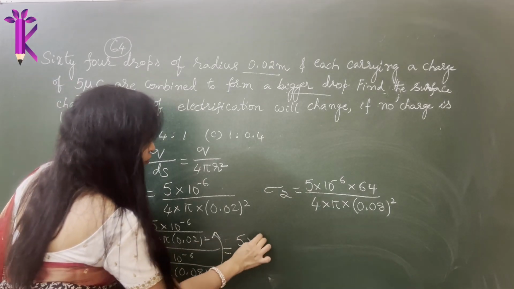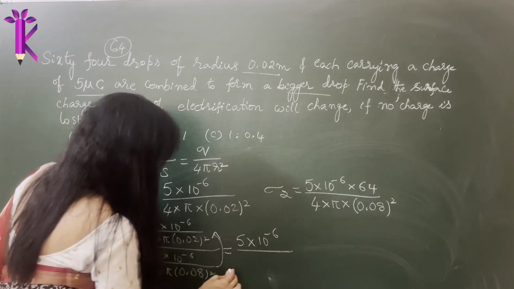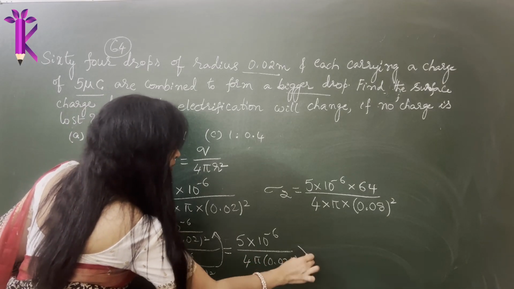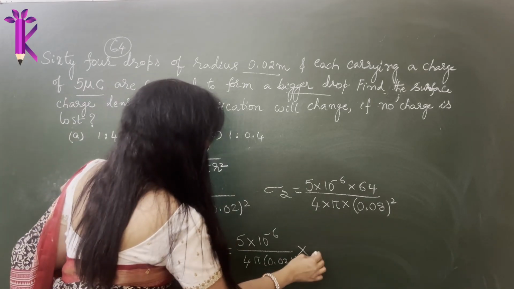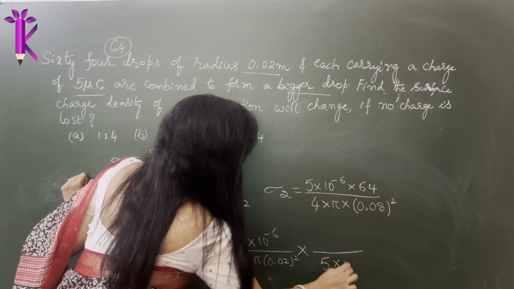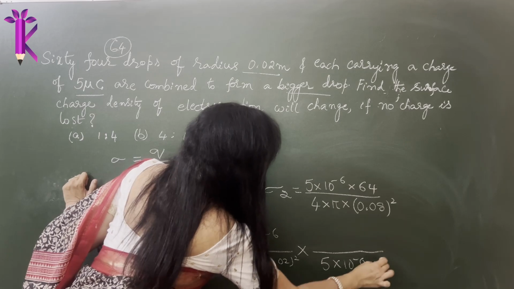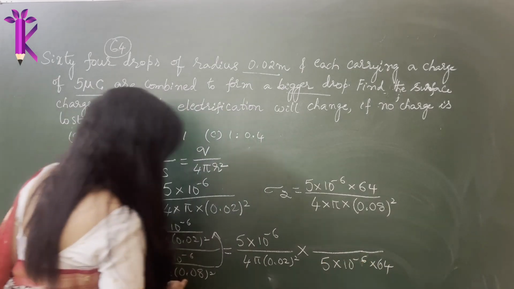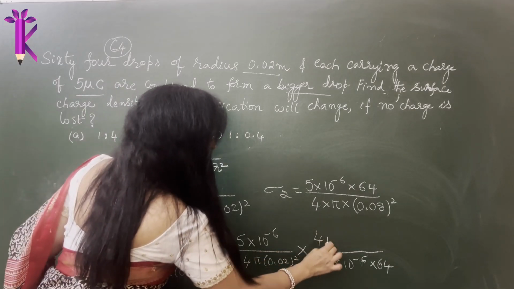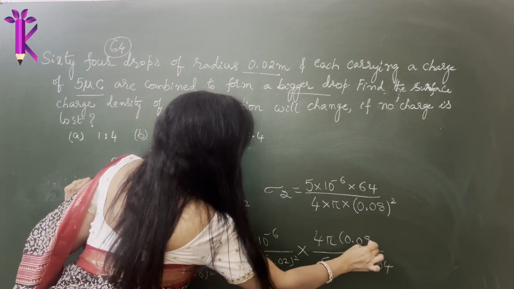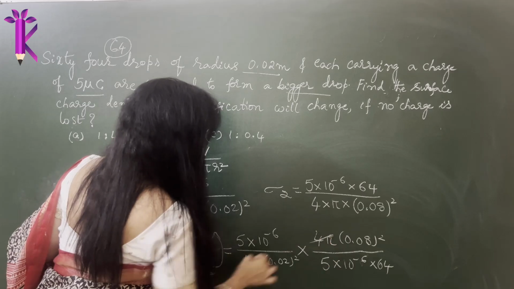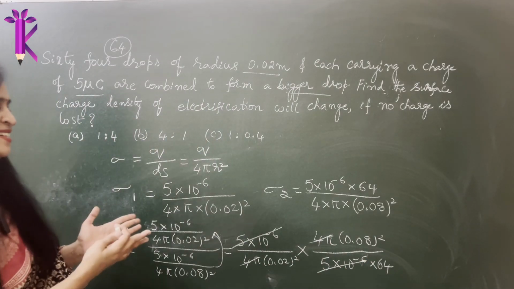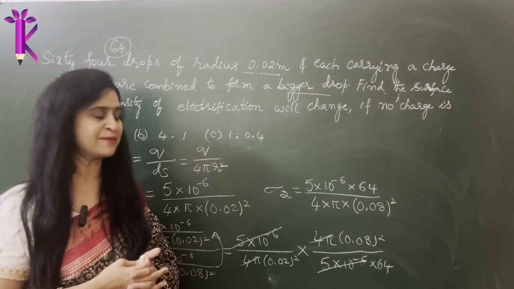So it will be 5 into 10 to the power of minus 6 divided by 4 pi into 0.02 the whole square, multiplied by 5 into 10 power minus 6 now in the denominator, multiplied by 64 also in the denominator. The 4 pi into 0.08 the whole square goes in the numerator. 4 pi and 5 into 10 power minus 6 get cancelled. The rest is simple simplification and you'll end up with the answer.